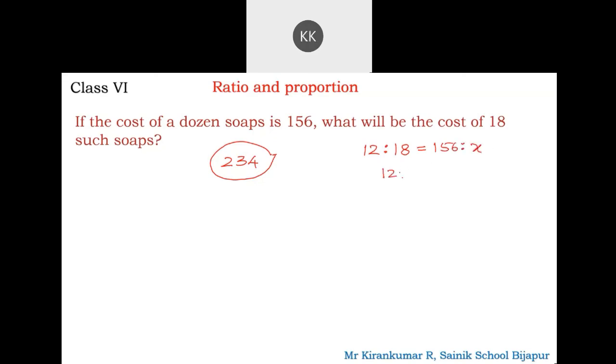Product of extremes is 12x. Product of means is 18 into 156. So x will be equal to 18 into 156 divided by 12. Instead of multiplying this, I can divide this, isn't it? 156 divided by 12 is 13 times, 13 into 18, we get it as 234.